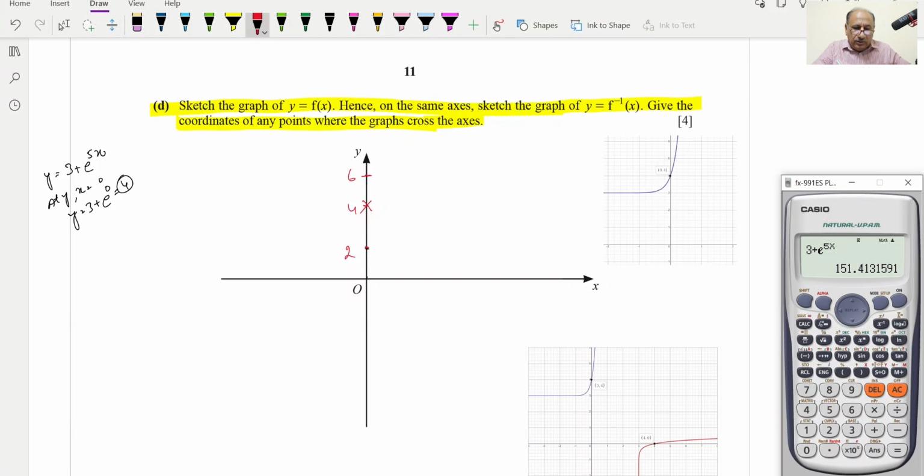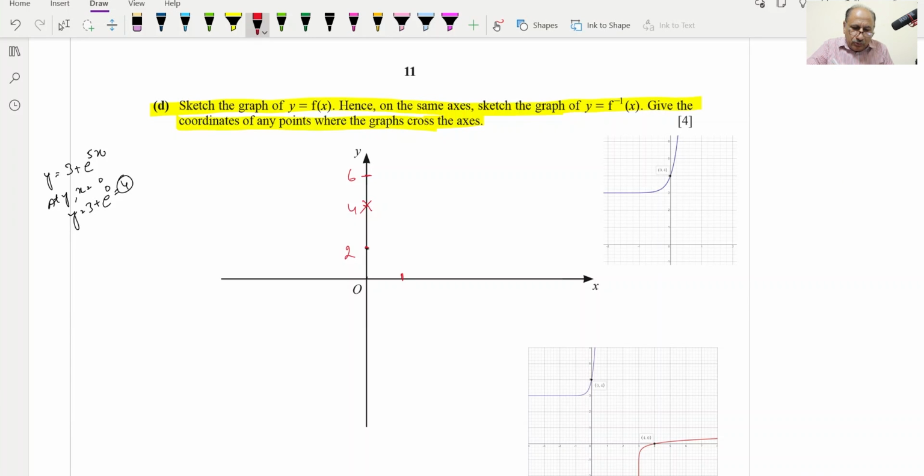If we are drawing this side as 2 and this one as 4, from here it is going sharply up like this and passing through. If I draw in different colors, our sketch will be like this.